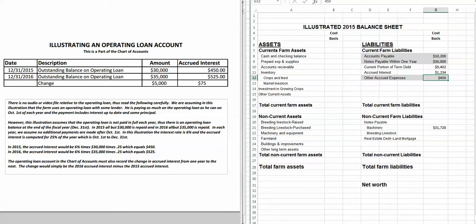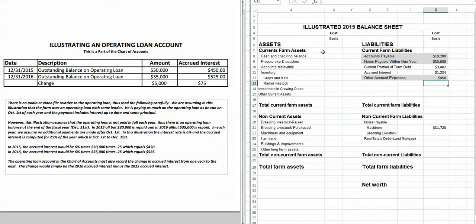Suppose you had a contractual rent agreement with a landlord and you pay your rent once a year, but it's contractual. In other words, it's not year by year. You've got a 5-year lease and you're in year 3, so you have to pay it, but you pay it once a year. Well, from the date you pay it until the next December, a portion of that rent would be accrued and it would go right here. So there are any number of items that could fall into this other accrued expense category based upon how you make the payments on something that you do have to pay.